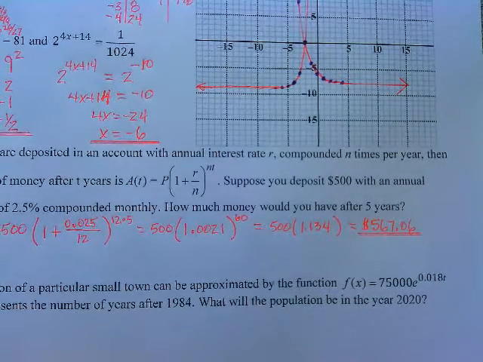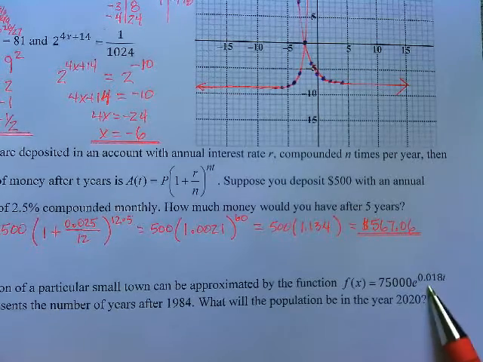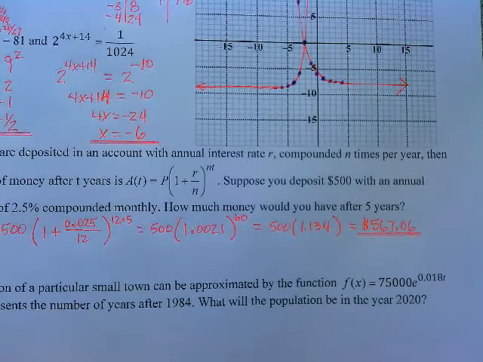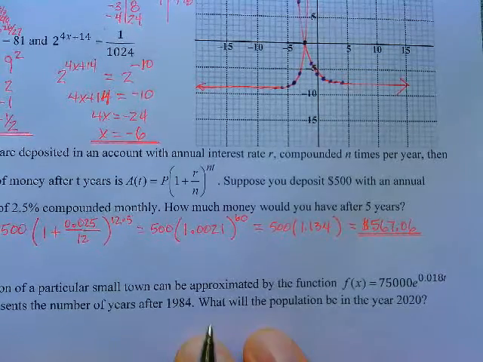So I would assume then in 1984, t would be 0. So all of this part would just be a 1. Our population was about 75,000 in 1984. So the question is, if that's the function of growth, what will the population be in the year 2020?